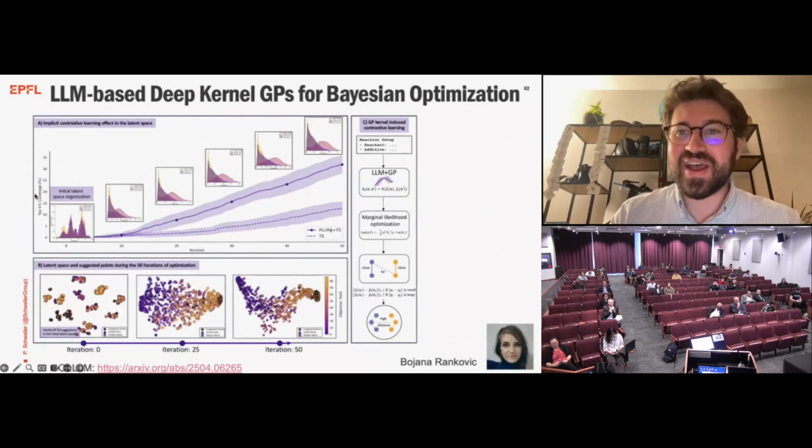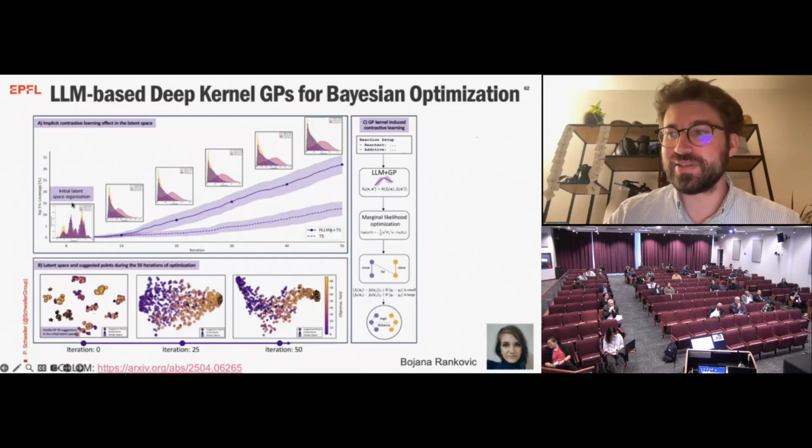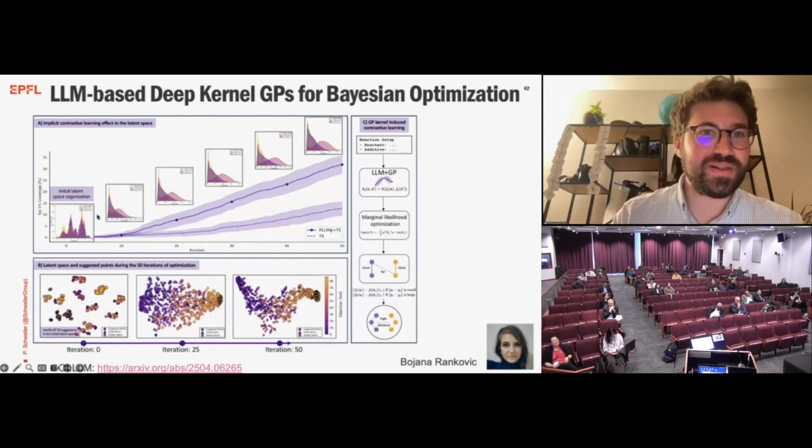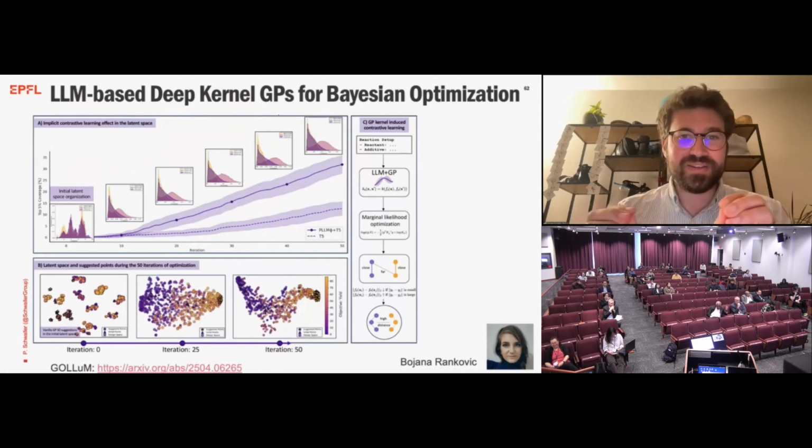Yeah, this is maybe a bit too much information at once. Those are new slides that I just got from Bojana, and it's the first time I'm including them. But what you can see here is that at the beginning, you have a latent space that is not ideal, and during the optimization, it splits into low and high yielding regions.